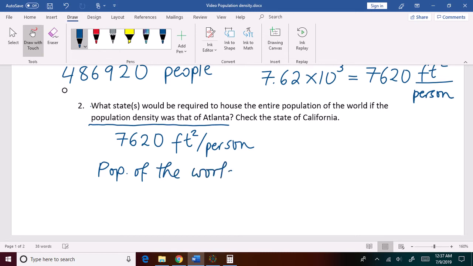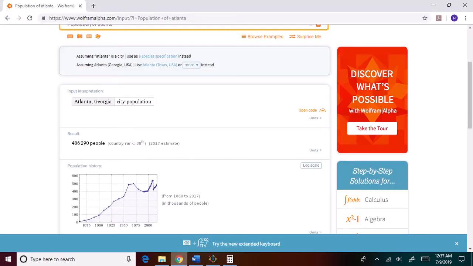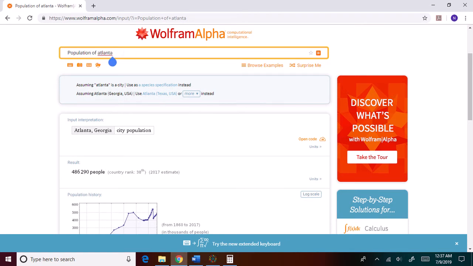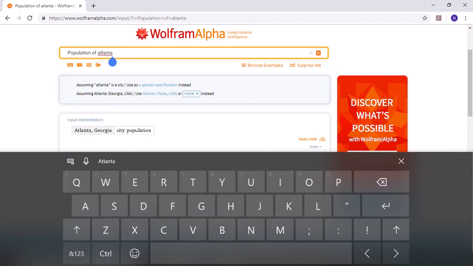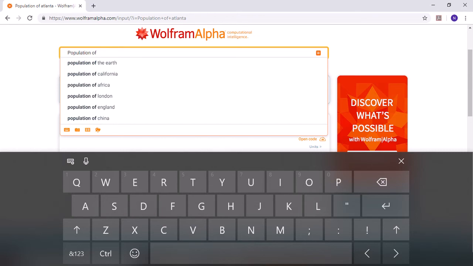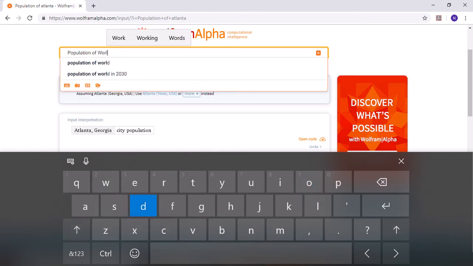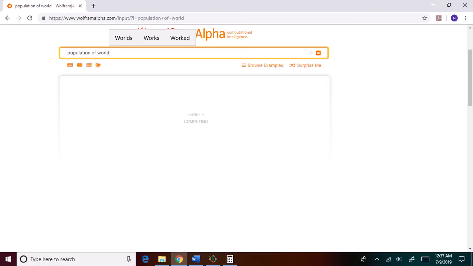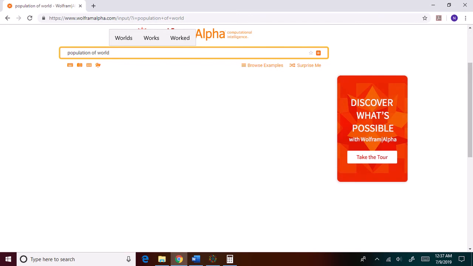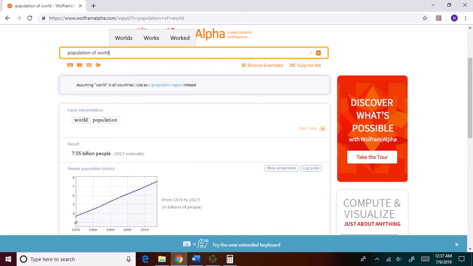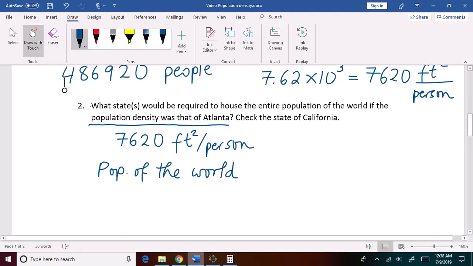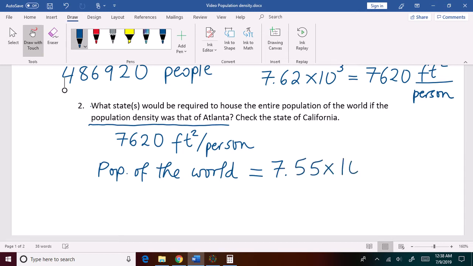You can again go to Wolfram Alpha, or do a simple Google search: population of the world. It gives us 7.55 billion. Billion is 10 to the 9. So this is 7.55 times 10 to the 9 people.